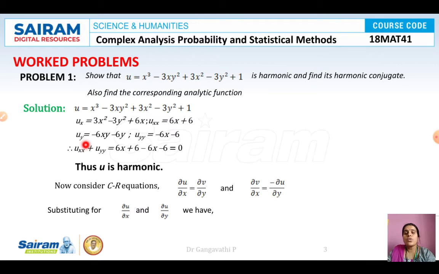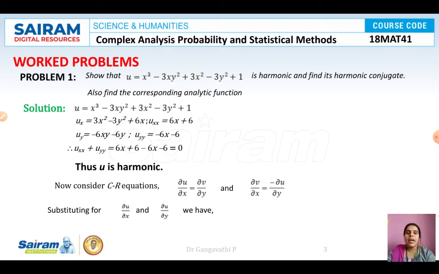Now differentiate u with respect to y partially. Differentiation of x cube is 0. Differentiation of 3xy square becomes minus 6xy. Differentiation of 3x square is 0, and differentiation of minus 3y square is minus 6y. Differentiating this again with respect to y gives us uyy, which is minus 6x minus 6. So consider uxx plus uyy: 6x plus 6 minus 6x minus 6, which is equal to 0.